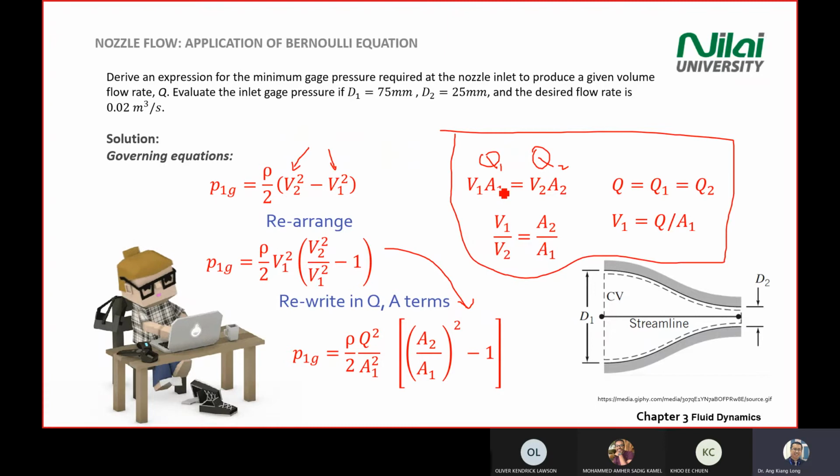Q equal to VA, and then we get this ratio, and then we change it accordingly. So this is one of the mathematics skills that we require you to show us, either in assignment, test or exam, that you know how to convert or relate to other parameters. In this case, we ask you to relate velocity, Q and the area.